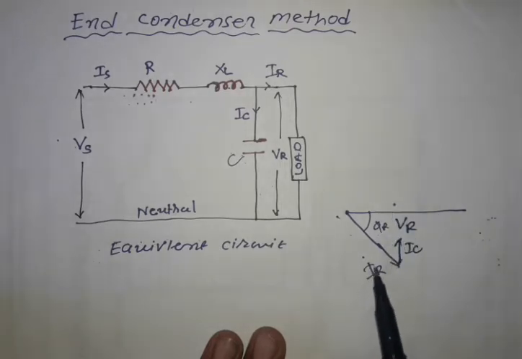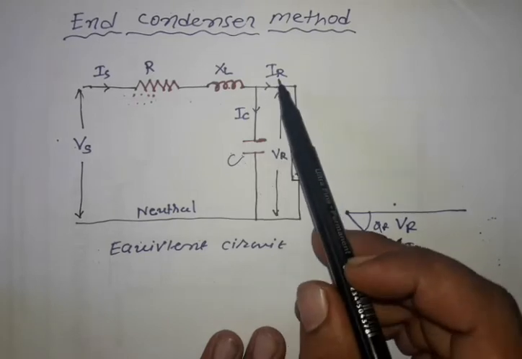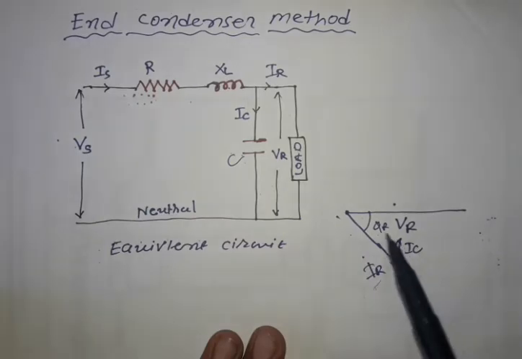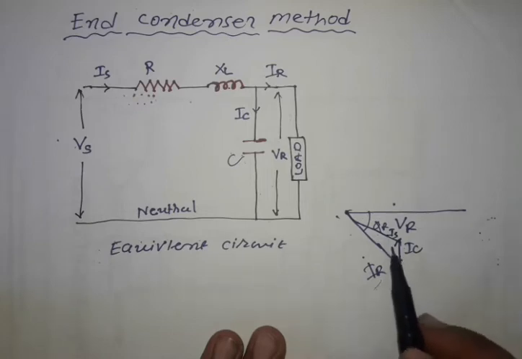So here is the receiving end current, and now we draw the capacitive current. From the equivalent circuit, the resultant of IR and IC gives the value of current IS. So here we draw line IS, which is the sending end current.